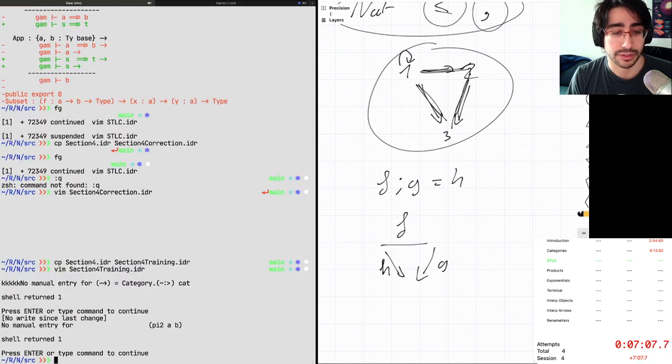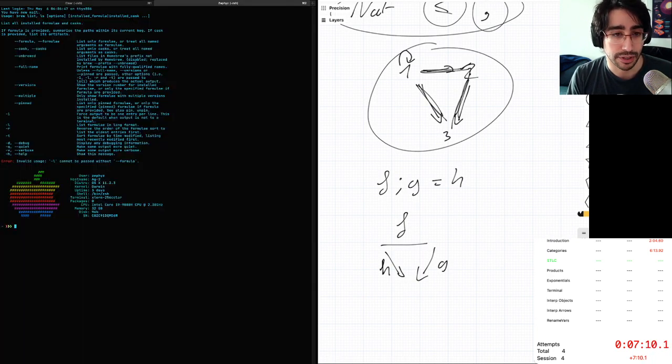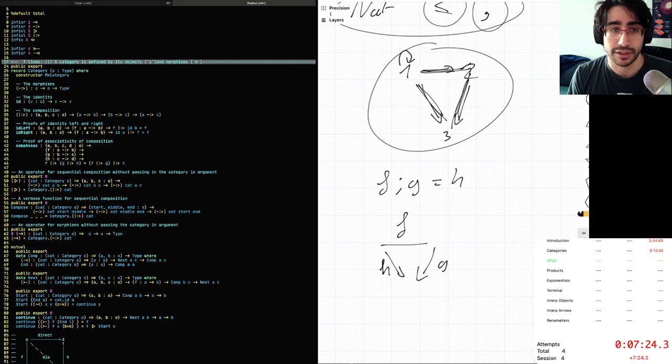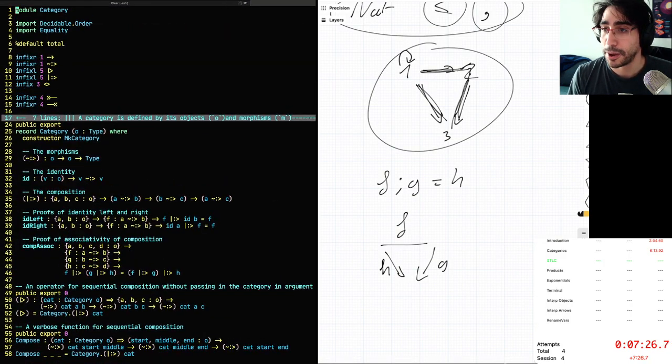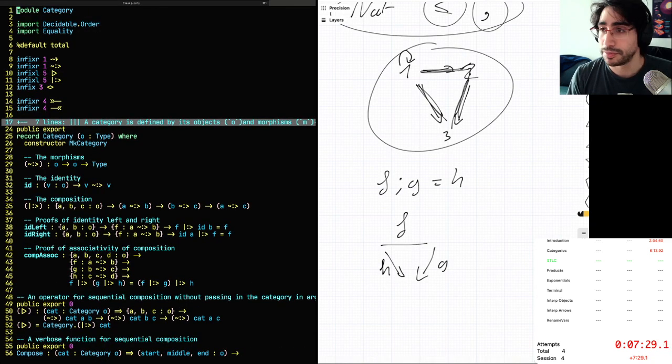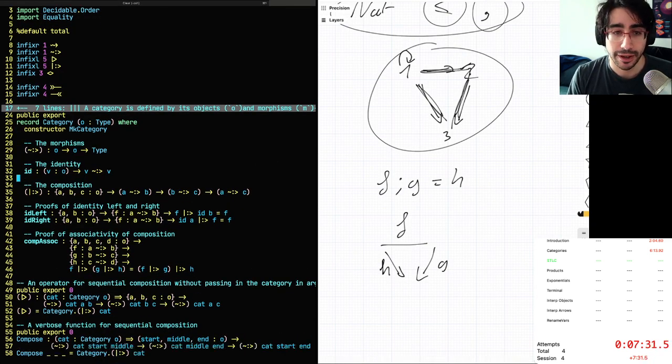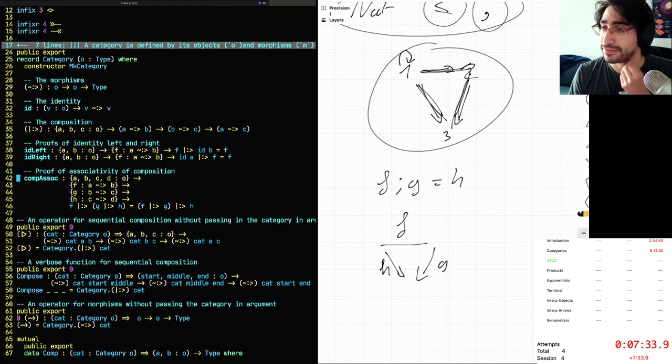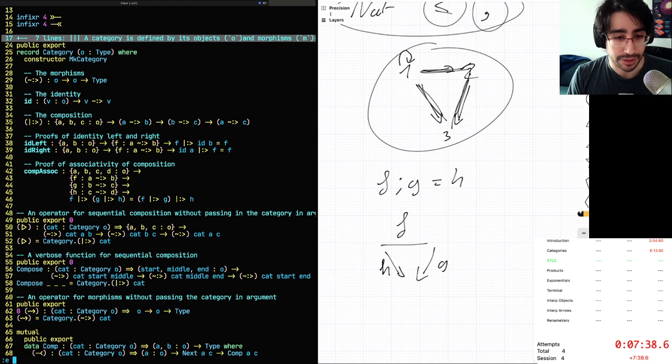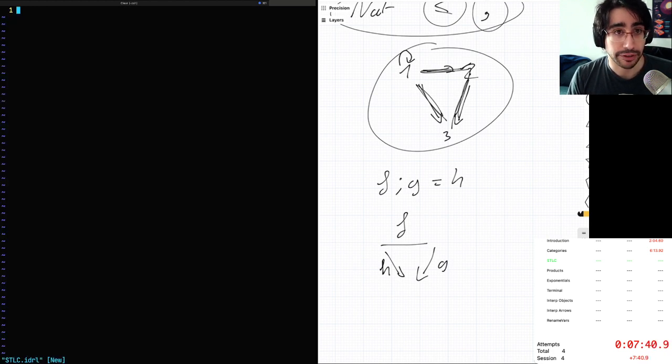So let me quit this and go to this one, and do vim. Well, this is cat, and increase the font size a ton. This should be more legible, is it? Great. So let's quickly recap. Oh, that's not the right file.